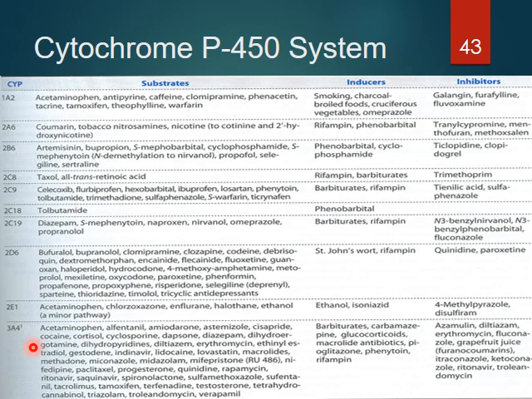3A4 is really responsible for the majority of drugs that are hepatically metabolized, and so it's very important to be aware of this and to know what certain inducers are going to be. Inducers ramp up the number of 3A4 enzymes that are available, so it has the ability to metabolize drugs more effectively, thus limiting the total body exposure to a drug.